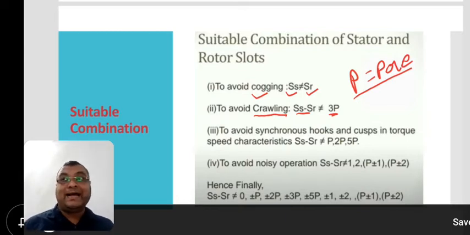They are asked in several ways, like write down the suitable combination of stator and rotor slots, or what are the conditions where stator and rotor slots are decided, or you must explain all those conditions in detail. In viva examinations, it's also asked many times what is cogging, what is crawling.